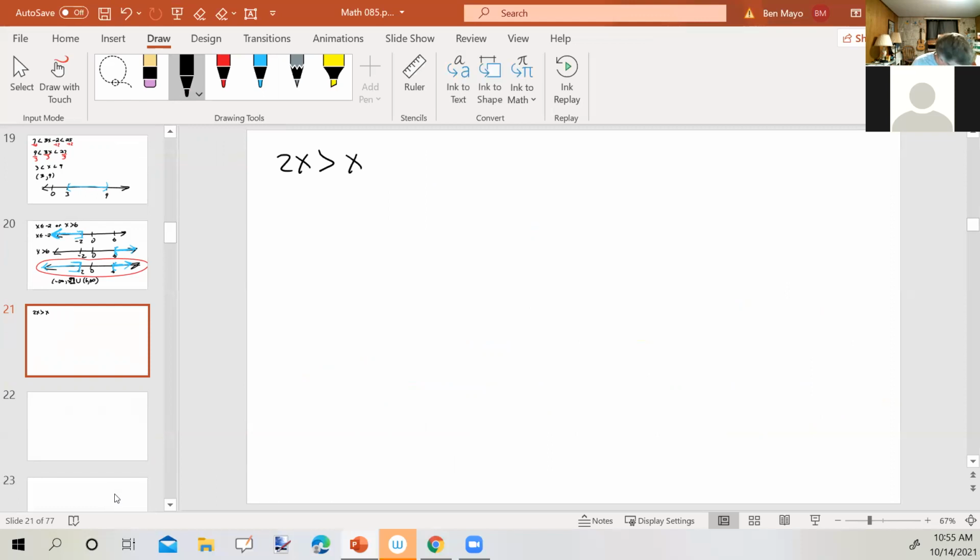2x greater than x plus 3, or x divided by 8 plus 1 less than 13/8. Okay? So to solve the first inequality, I'm going to subtract 1x from both sides, so x is greater than 3.